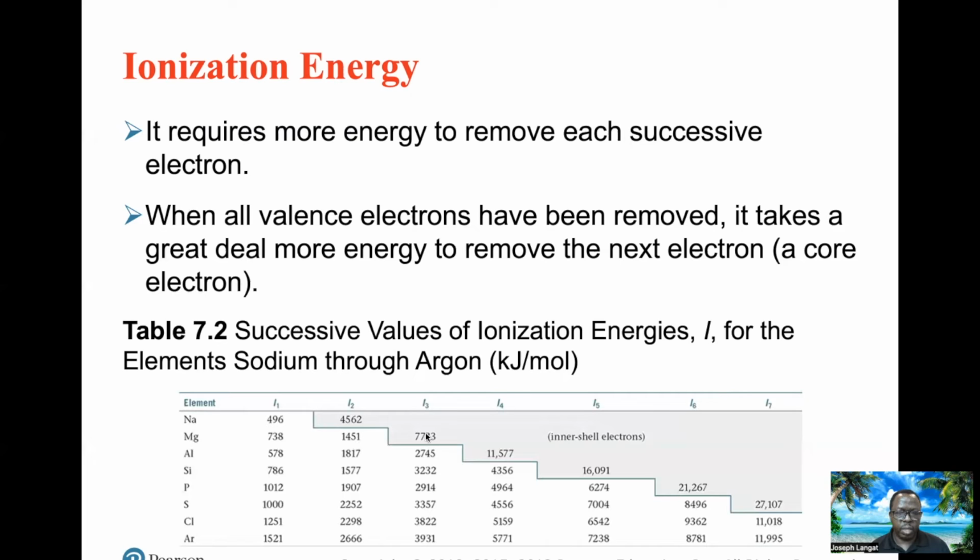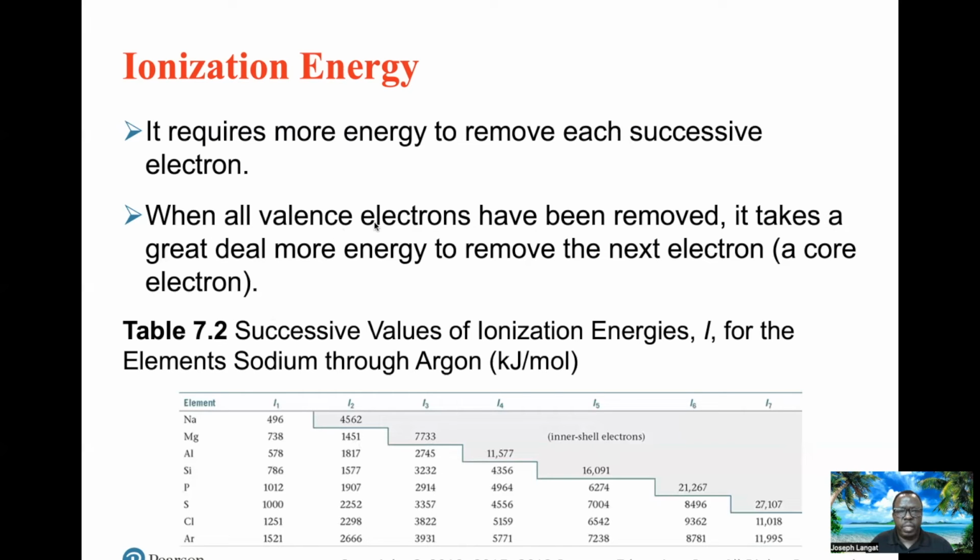But look at the third ionization energy, because we are removing the inner shell or core electrons, making it difficult to remove those electrons.